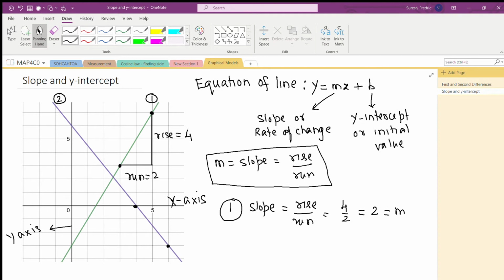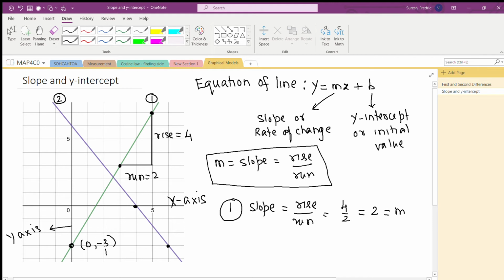Let's identify the y-intercept. The y-intercept is where the line crosses the y-axis. In this case, the line crosses the y-axis at the coordinates (0, negative 3). It's 0 because the x value is 0, and negative 3 because you have to go down 3 units to reach there.